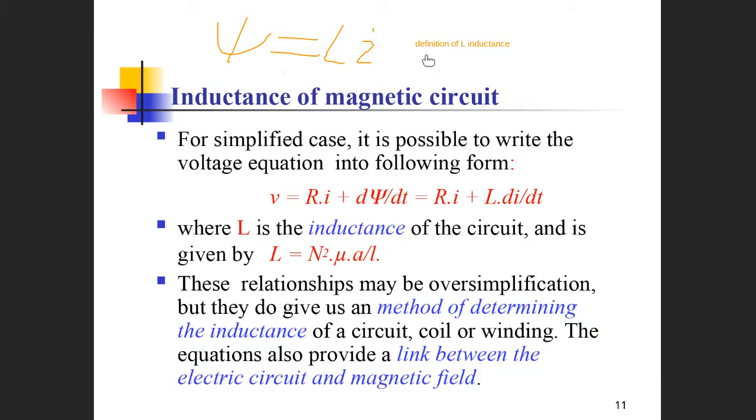This is the definition of inductance: inductance L represents the flux linkage produced per ampere by a given coil.